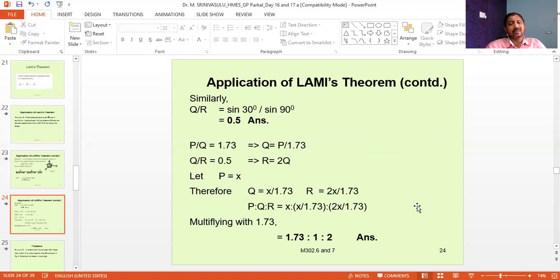Therefore the ratio of the forces, P is to Q is to R, is equal to 1.73 is to 1 is to 2. Here the highest force is the force R and the lowest force is the force Q. So the ratio of forces P is to Q is to R is equal to 1.73 is to 1 is to 2.